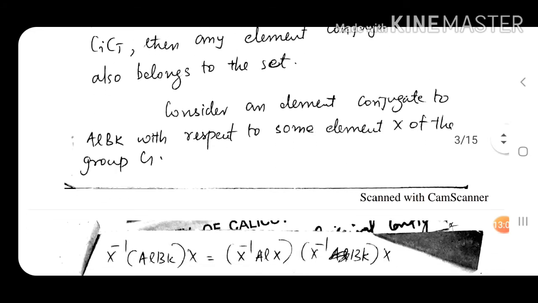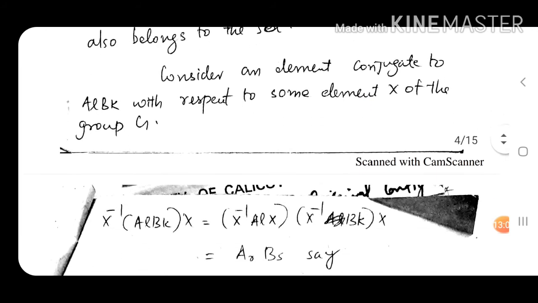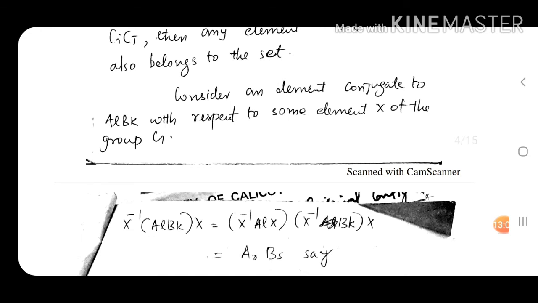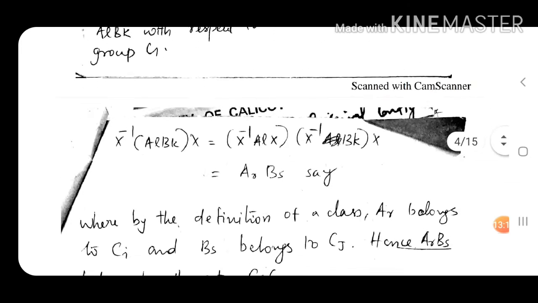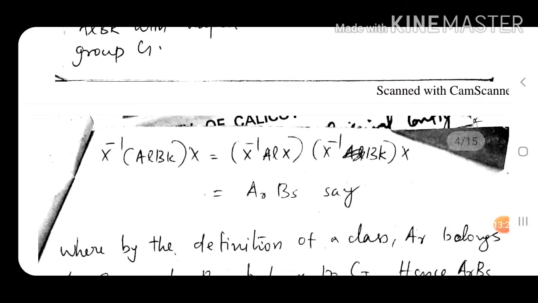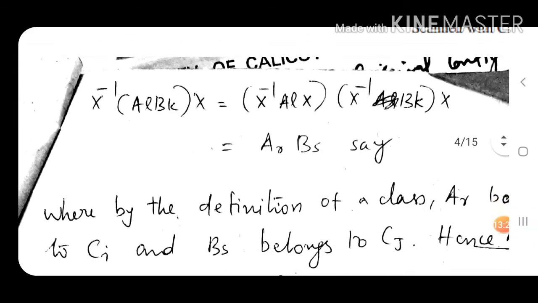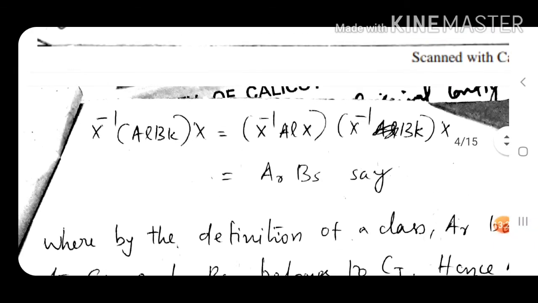Now consider an element conjugate to AlBk with respect to some element x of the group G. How do you find the conjugate element of AlBk? You take the similarity transformation, x inverse AlBk x.